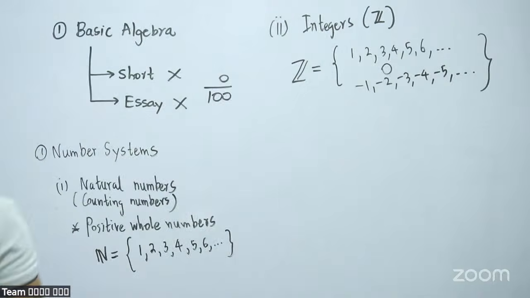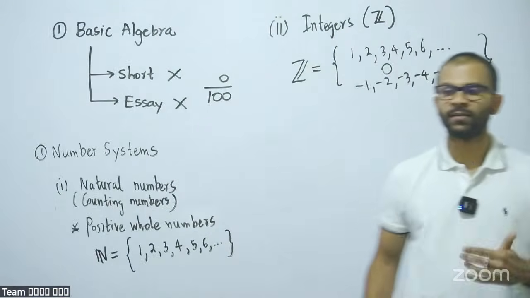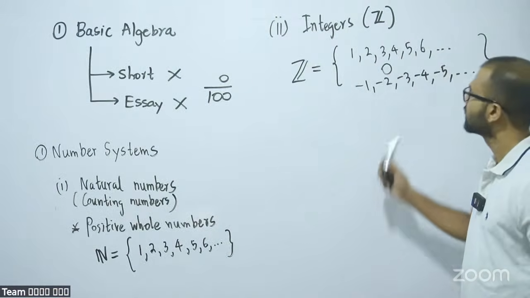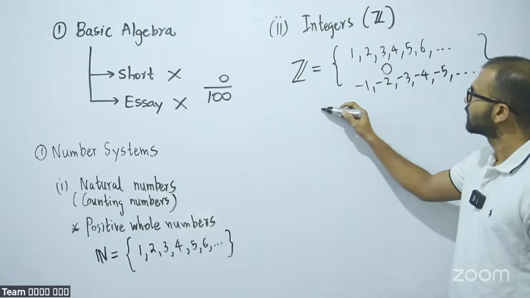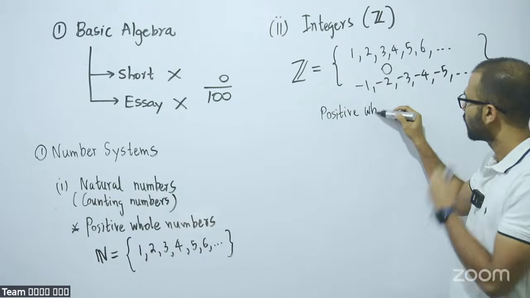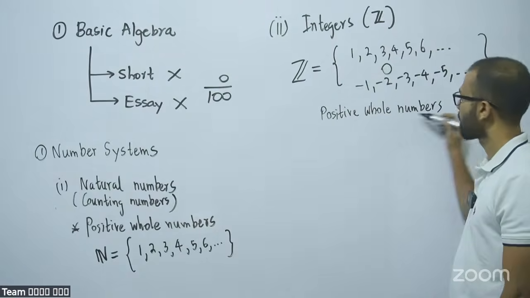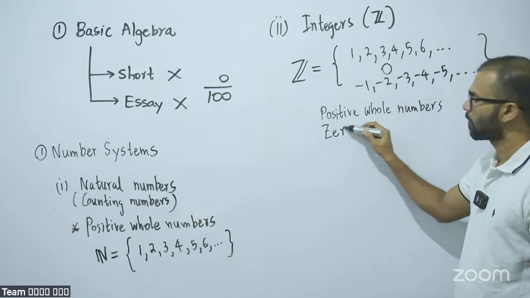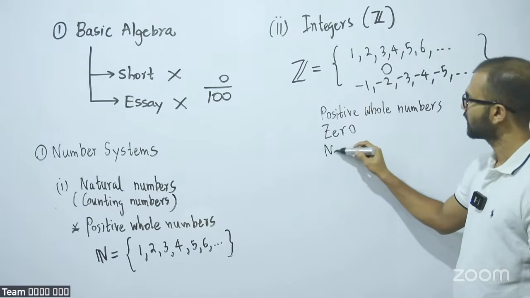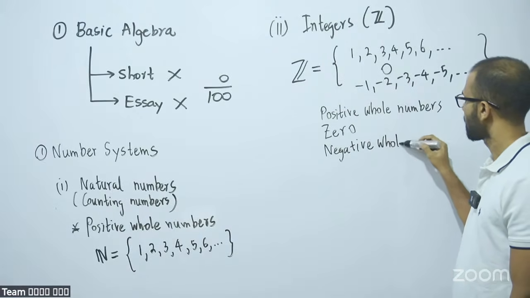So the set of integers will contain positive whole numbers, 0, and negative whole numbers.